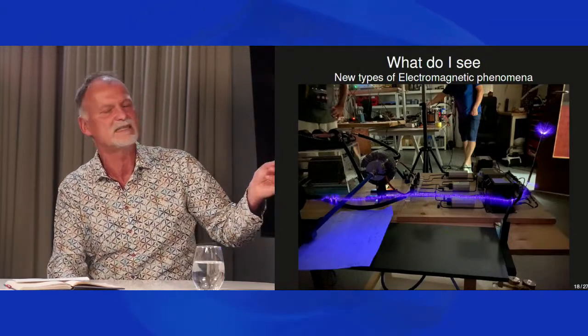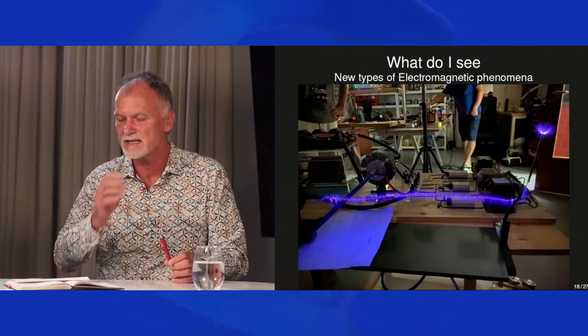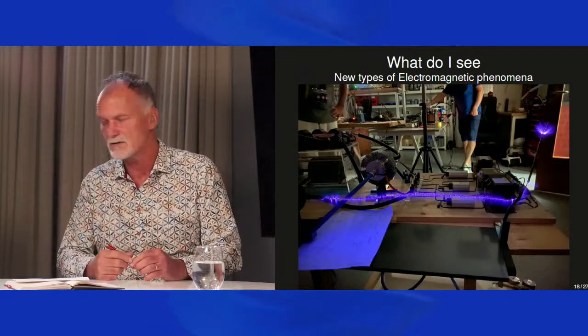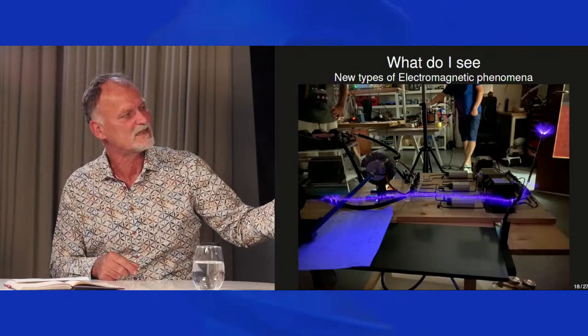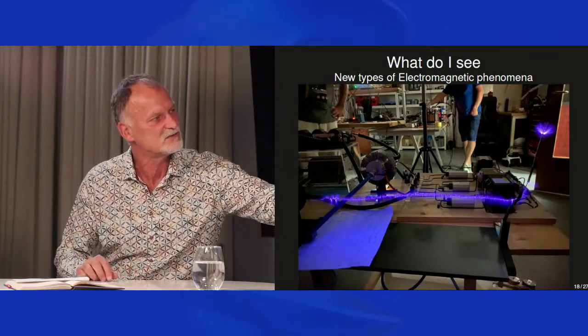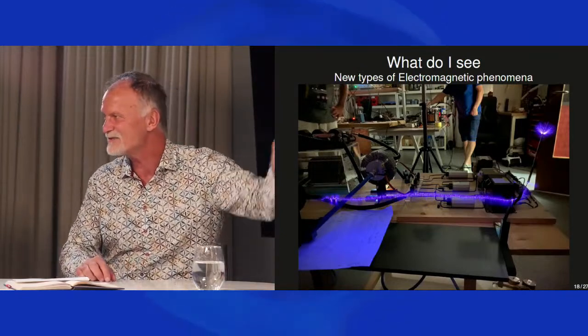The voltage at the end, we don't know exactly, is about 100,000 volts, right? And we see a lot of interesting phenomena. First, this violet glowing around is very beautiful. It's amazing, right? But it has a much deeper meaning than what I can tell you now.